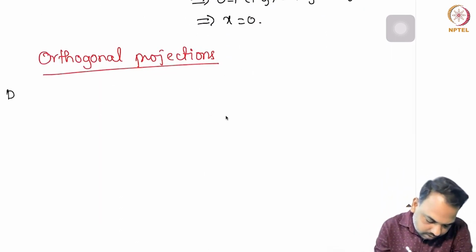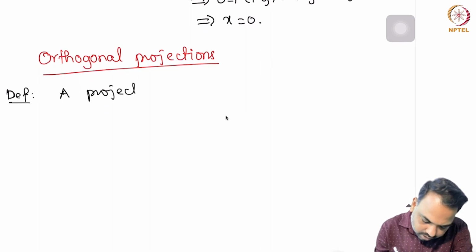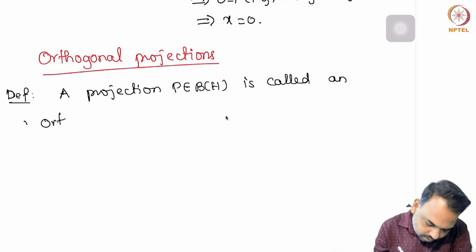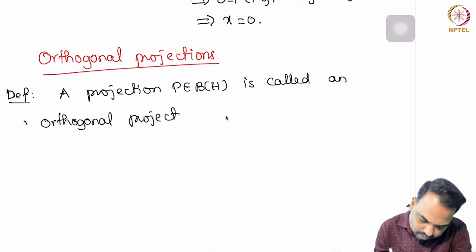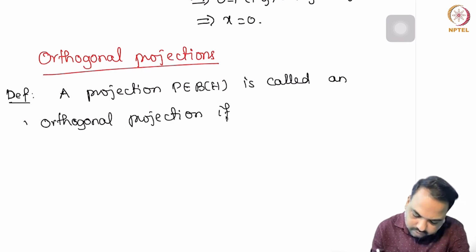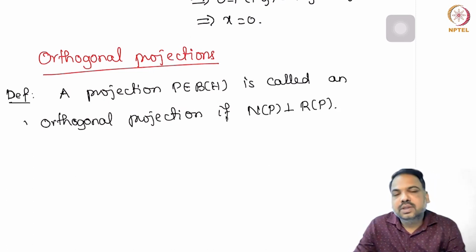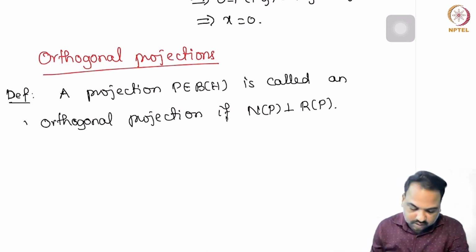So definition: a projection P is called an orthogonal projection if the null space of P is orthogonal to the range of P. So we have seen earlier that if P is a normal operator, then the null space and range space are orthogonal to each other.